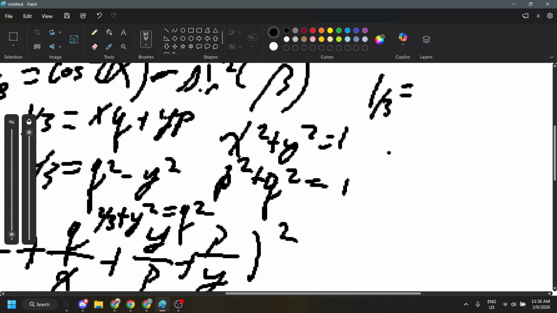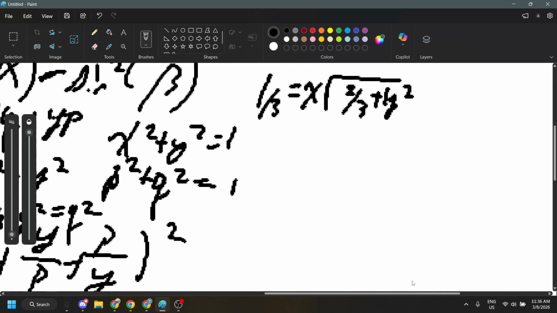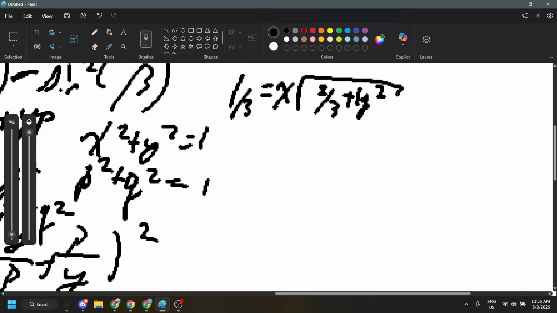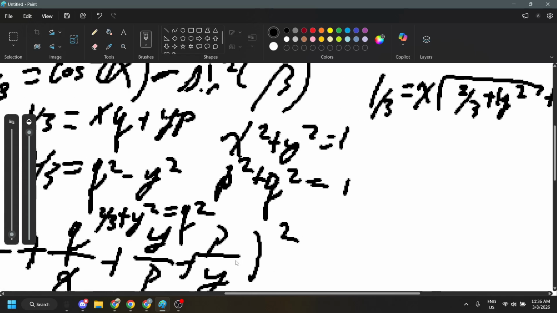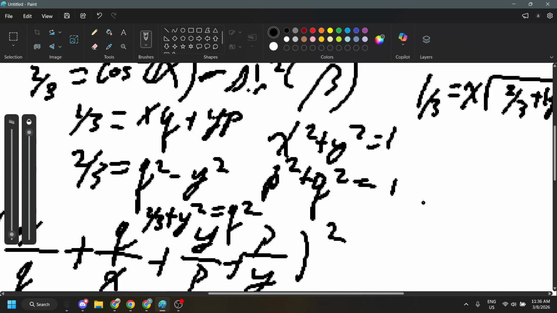So now we have x times the square root of 2/3 plus y squared plus yp. Then p we can just put in here.